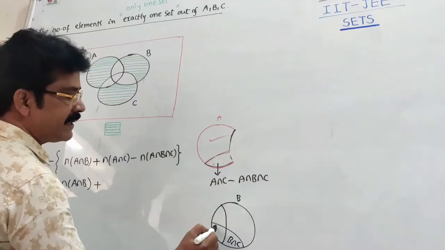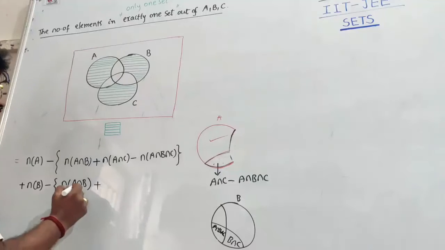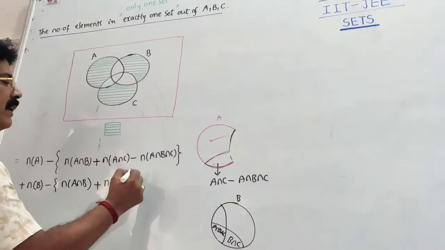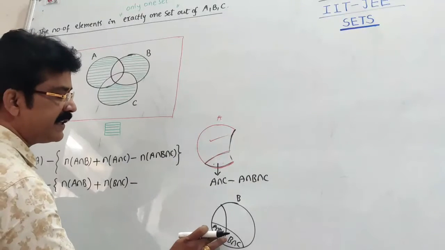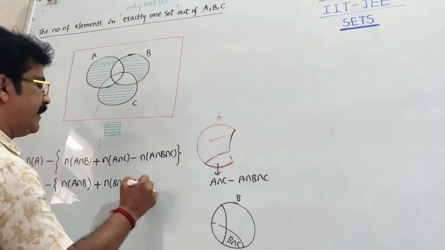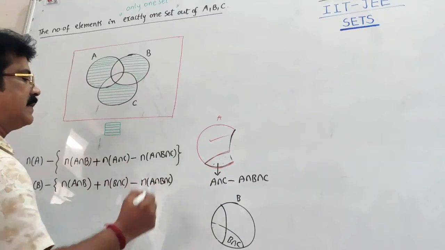This is A intersection B intersection C. So n of B intersection C minus, meaning only this area. That's why we have to subtract n of A intersection B intersection C.